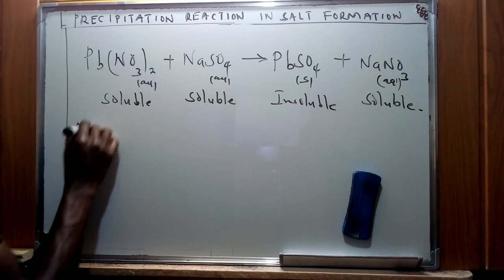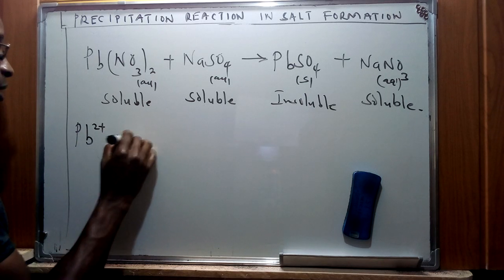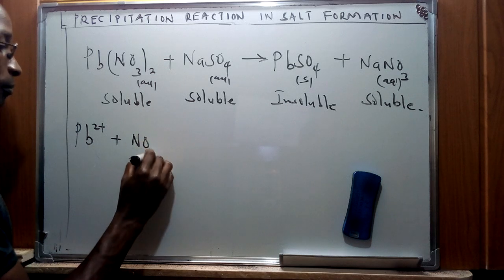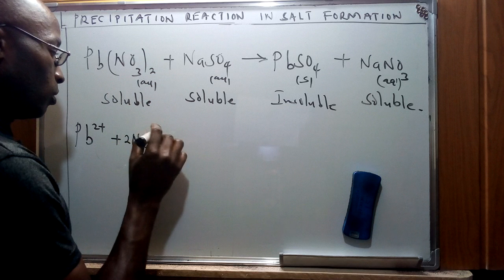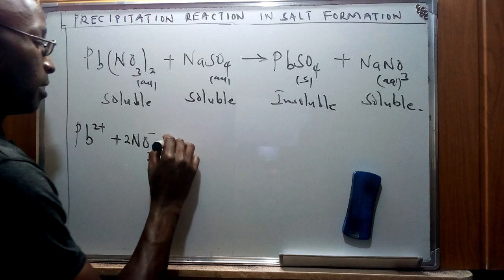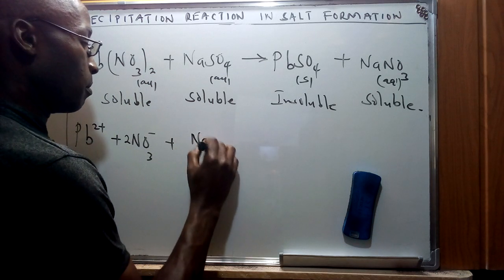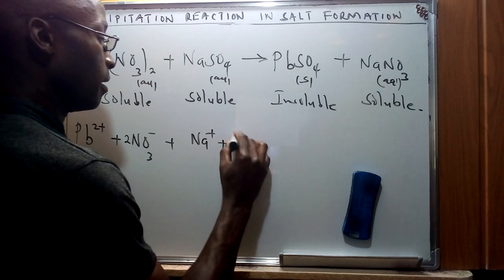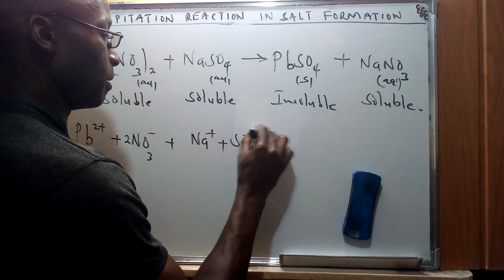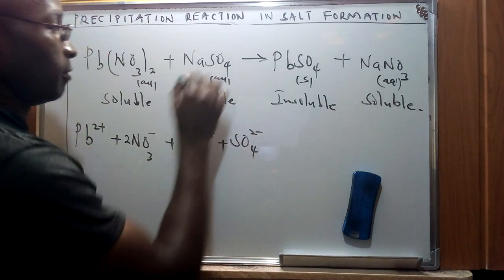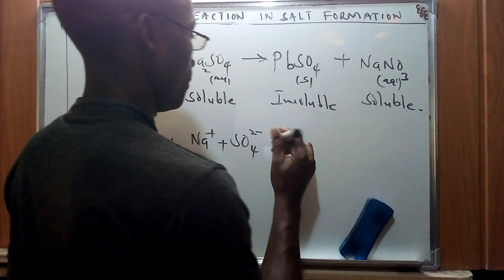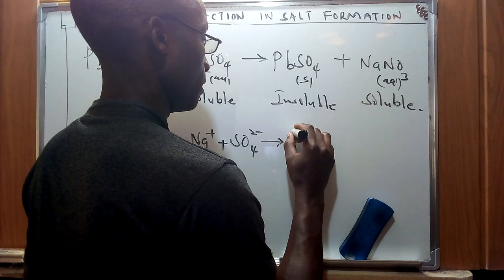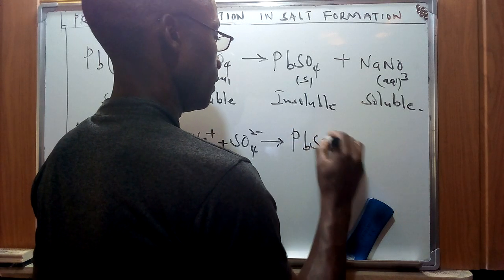And we're going to have this represented as an ionic equation by writing individual ions. So we're going to have lead plus nitrate, so these are two moles of nitrate, plus sodium plus sulfate. This is a 2 negative, so therefore we're going to have a 2 there. And then we have the formation of a product, lead sulfate.